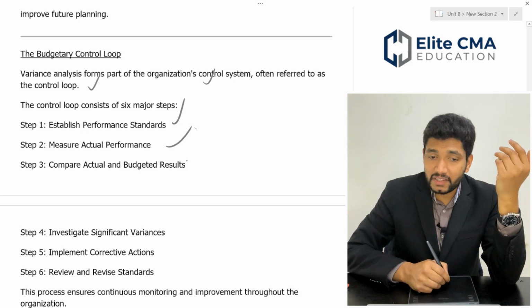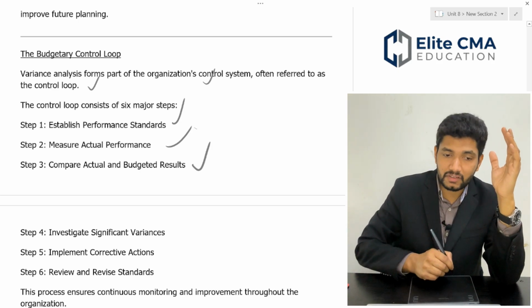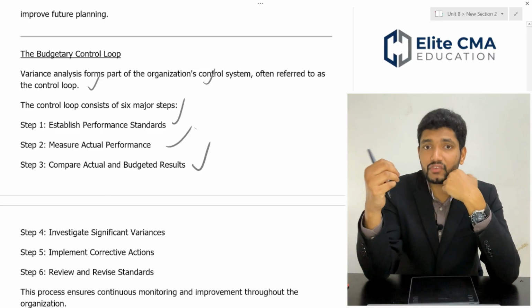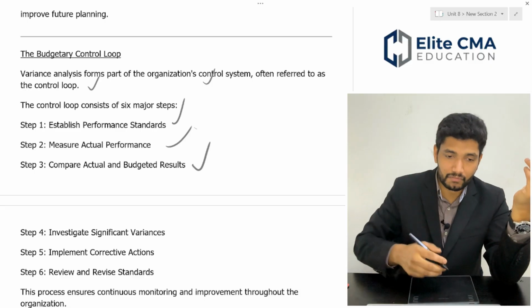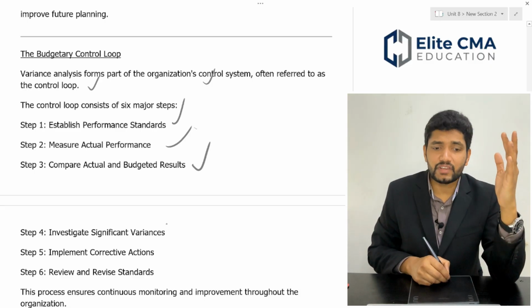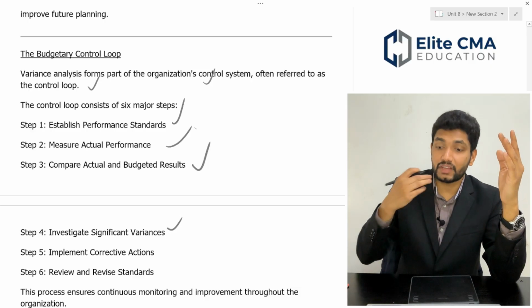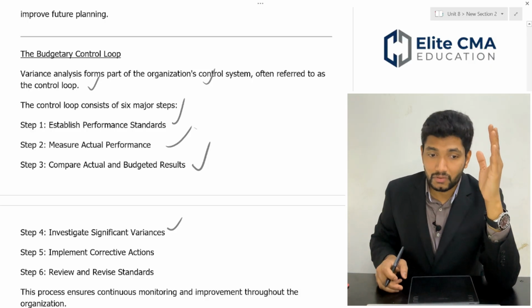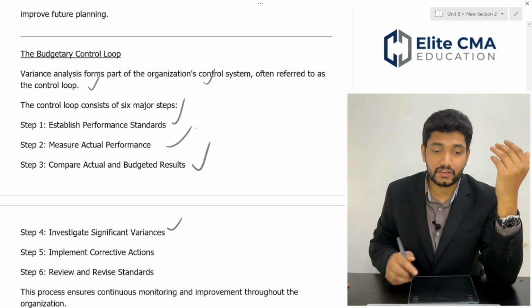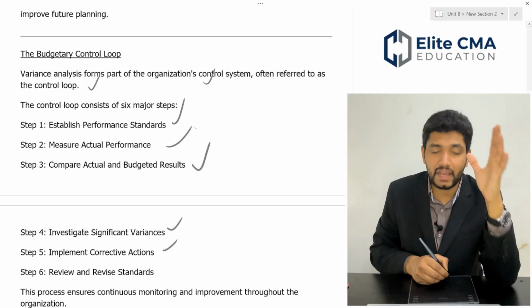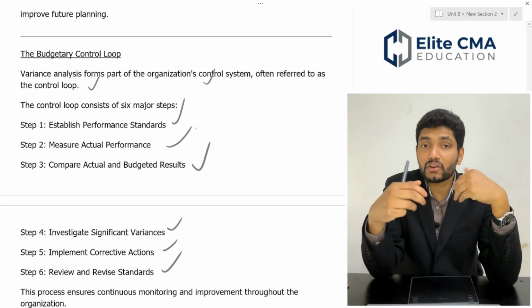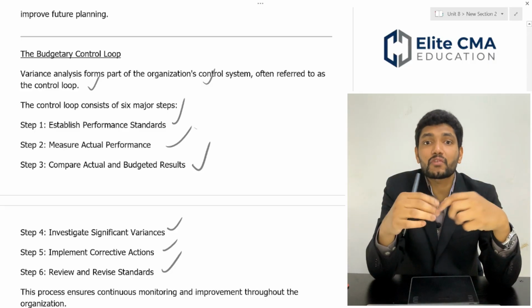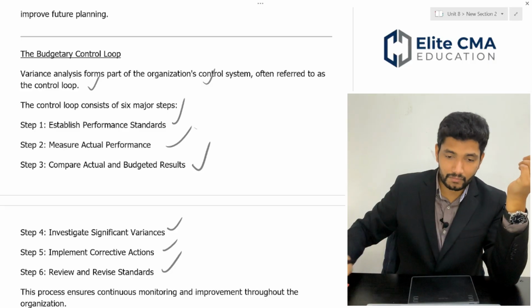The third step is comparing the actual with the budgeted results. Once you have measured your actual result, you can compare it with the budget or expectation. Then investigate the significant variances. Is there any significant variance in the process? It has to be investigated. Then implement corrective actions, and review and revise the standard. If the standard has to be reviewed, it has to be revised once required.